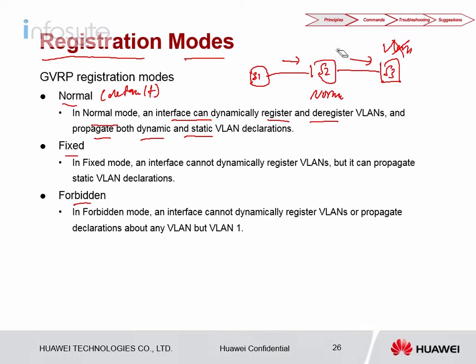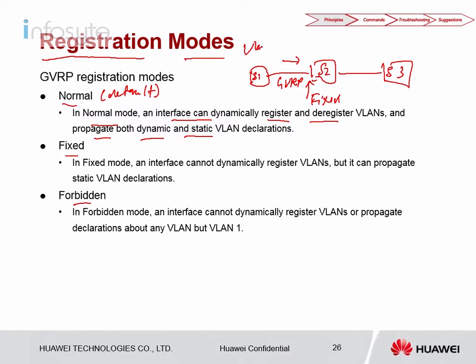Now next we are going to look into the other mode, called fixed mode. So let's say now I have a fixed mode. So here we have GVRP, and here we have a fixed mode. Remember that this mode is configured on our trunk port. Now assuming that I have switch number 2 here configured as fixed mode.